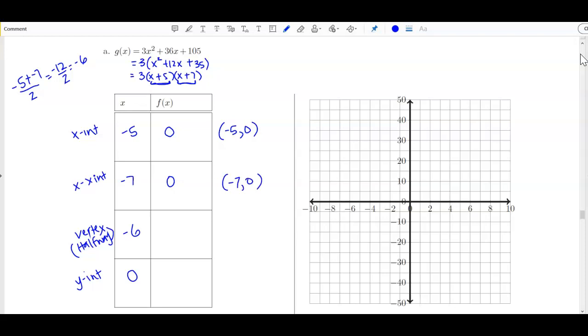And then if I put -6 in there, so I've got 3 times -6 plus 5, I'm just putting it into this factored form, and then -6 plus 7, so I've got 3 times -1 times 1, so that's just going to be -3.